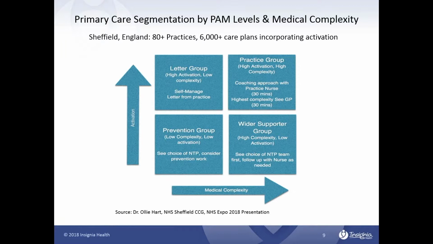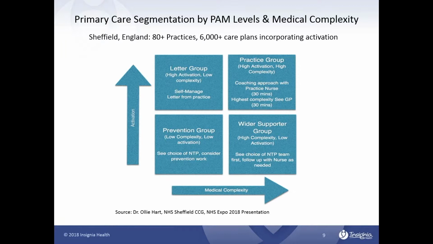They're fairly self-motivated. We only need to point them in the right direction, refer them to some resources, and they go and do it. And we know they will because we know their PAM level. Whereas what we really need to do is start to look at those who are lower activated and have high complexity needs, and how do we work with those in a different way.